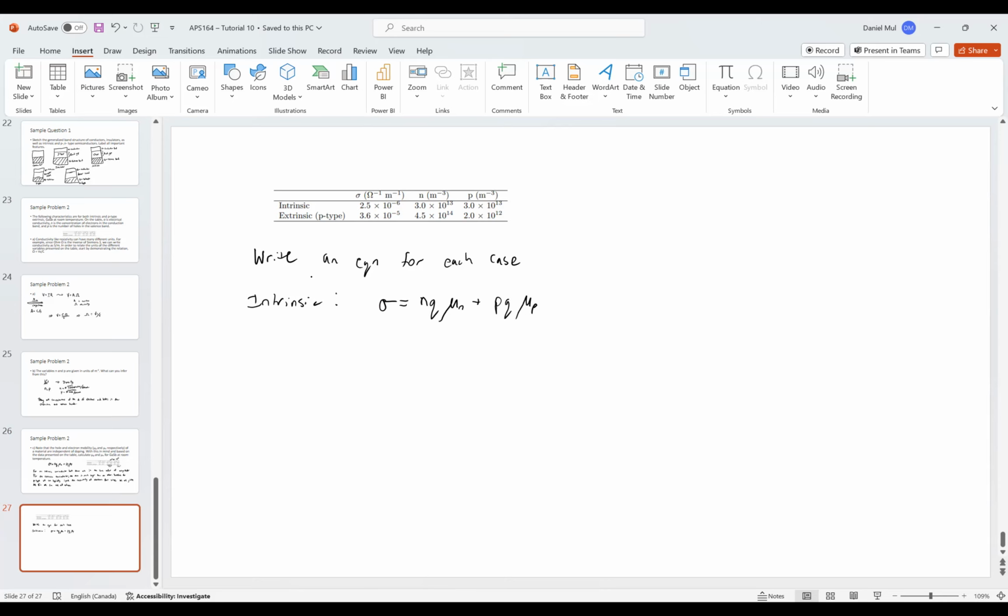And then we just plug in 2.5 times 10 to the minus 6 is equal to 3 times 10 to the 13 times q times mu n plus mu p.